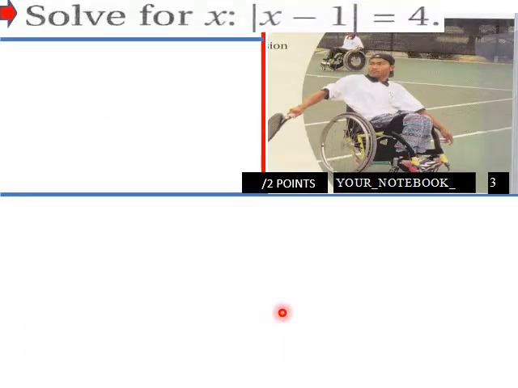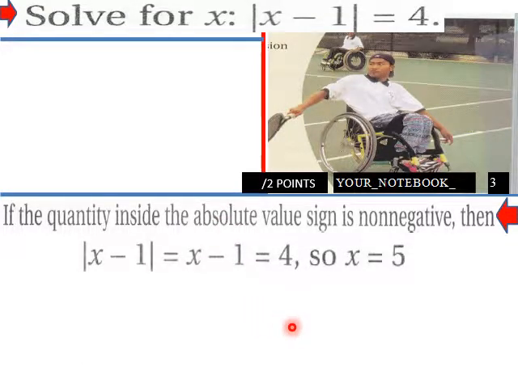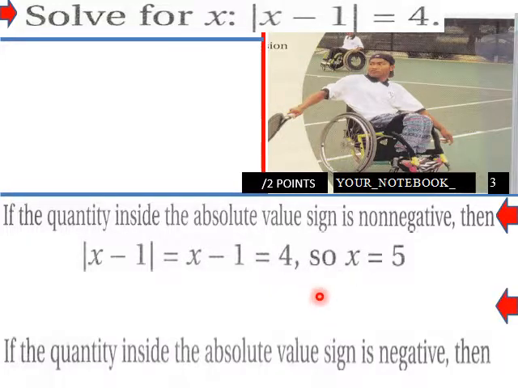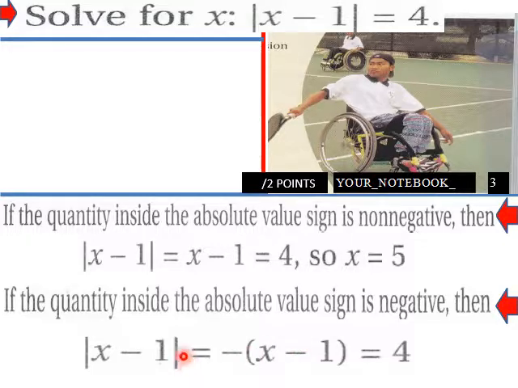We go on to an example, solve for x. We have |x minus 1| equals 4. If the quantity inside the absolute value sign is non-negative, then x would equal 5. If the quantity inside is negative, then we put a negative in front of the parentheses.